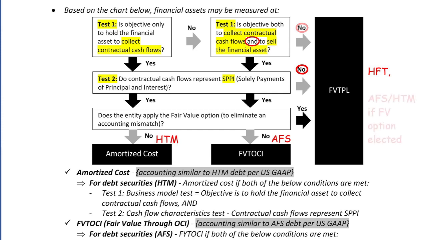Also, AFS/HTM if fair value option elected. So for available for sale debt security or held to maturity debt security, if the fair value option is elected, again it is fair value through profit or loss.